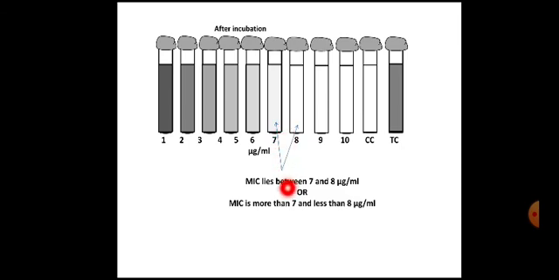No. Therefore, we need to report this MIC that MIC lies between 7 and 8 micrograms per ml. So the MIC of streptomycin is found to be between 7 and 8 micrograms per ml. That is your result. Or you can say MIC is more than 7 and less than 8.